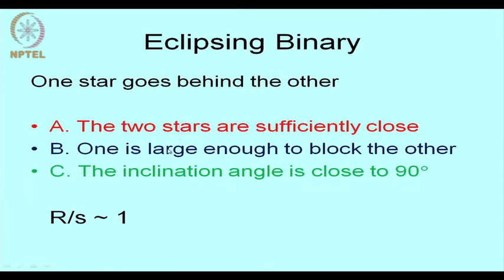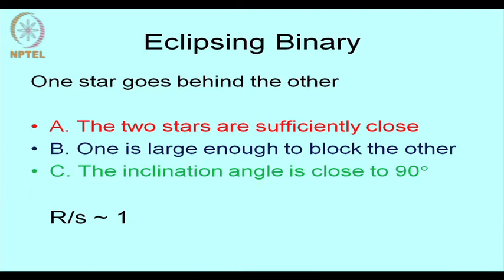Now, the first two conditions are satisfied if the ratio of the radius of the star and the separation between the two stars is approximately 1. If this condition is satisfied, then the inclination angle also need not be very close to 90, and you will have an eclipse for a relatively large range of inclination angles.